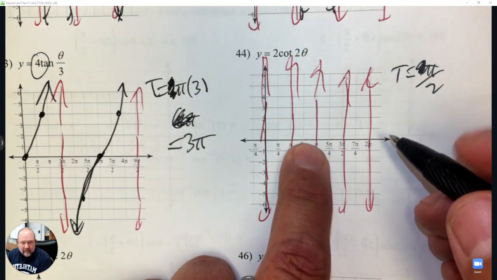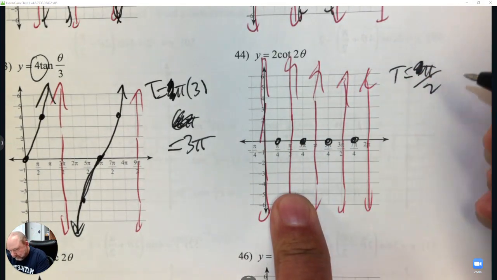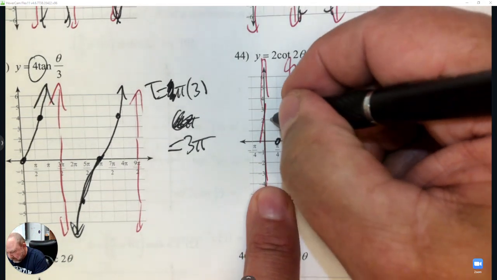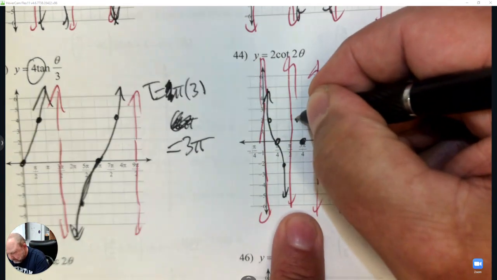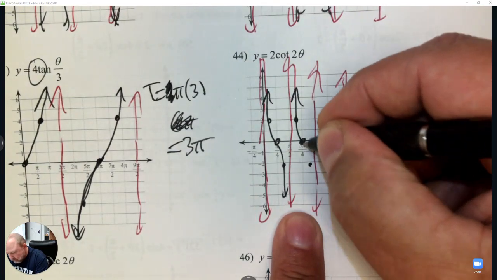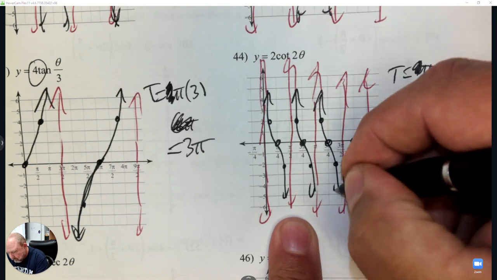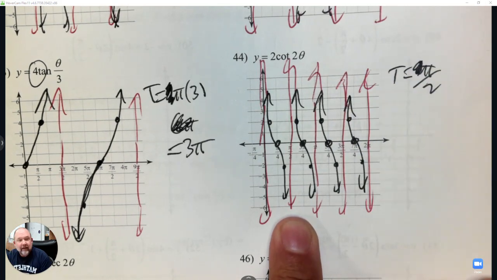And in between, we're at zeros. And then the 2 means we go up to 2 on the left and then down to 2 on the right. And there it is.